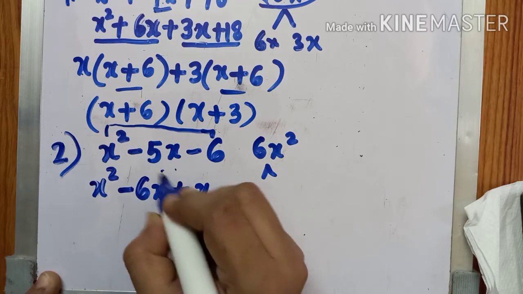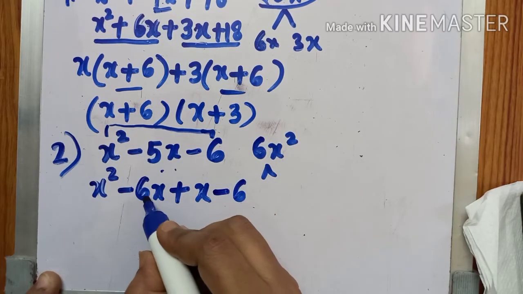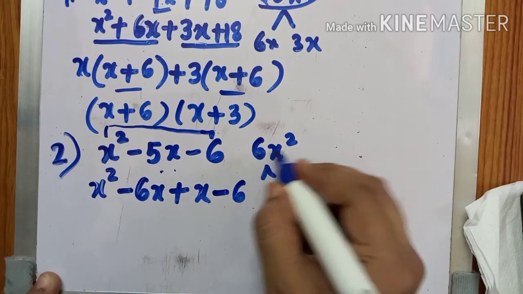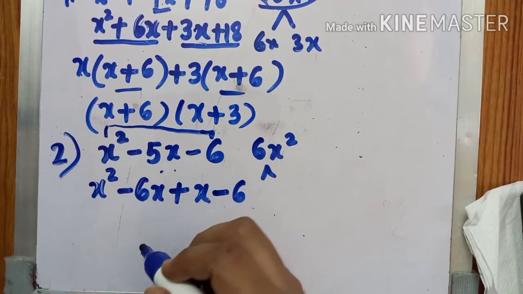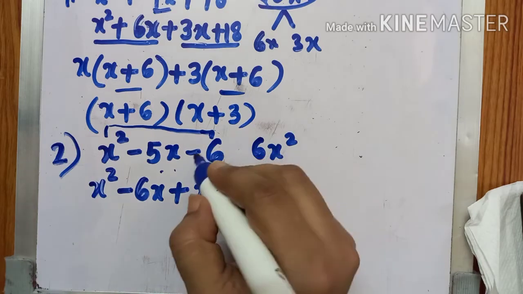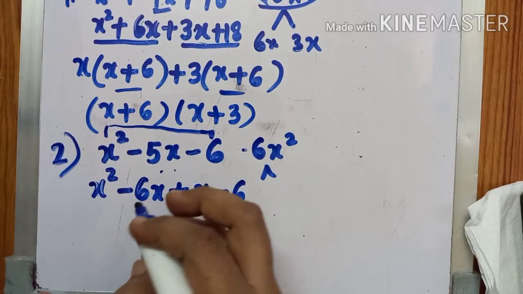Minus 6x plus x will give you minus 5x, then minus 6 as it is, and minus 6x into x will give you minus 6x square also. 6 ones are 6, x into x will be x square, then minus 6.